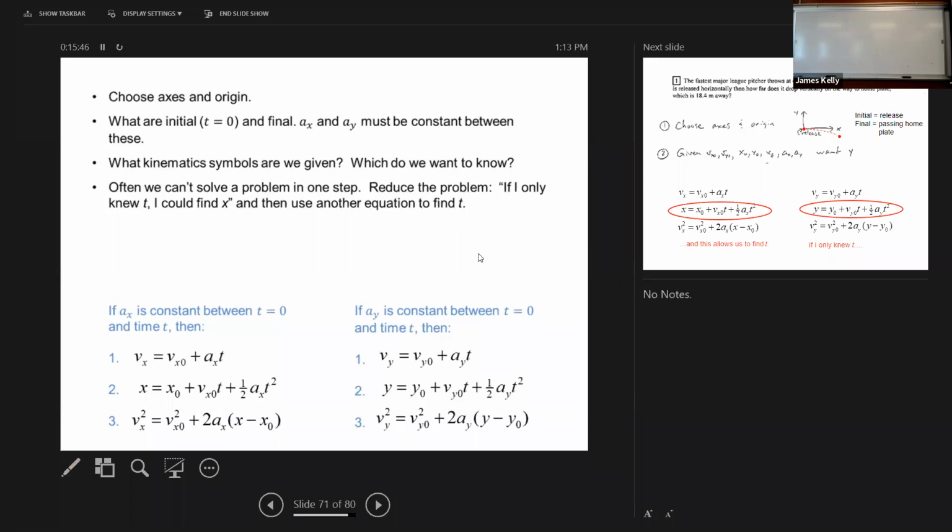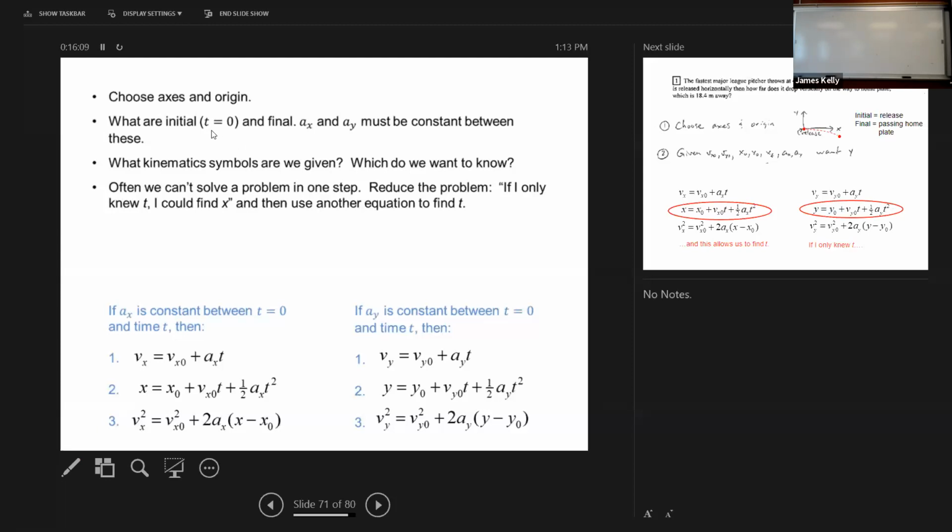Okay, so we're about to do some problem solving. There were some examples in the videos, and I'm not going to go through them in any detail at all, but the same kinds of things we said that you ought to keep in mind in chapter 2 apply here too. You have to choose which way your axes point, the plus direction for x and y, and where the origin is. So we have to do both x and y axes.